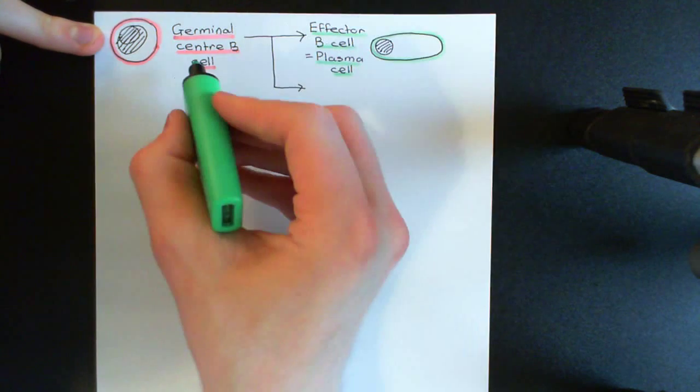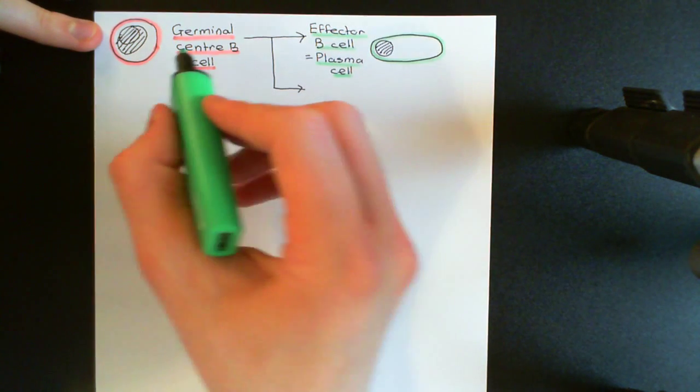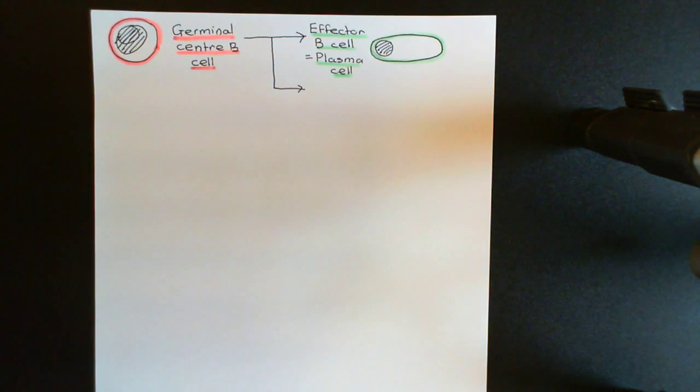Now, if the germinal center B cell that produces this effector B cell, or the plasma cell, had undergone class switching, i.e. it had changed the immunoglobulin type that it was making, then the effector B cell will also produce that same class of immunoglobulin.